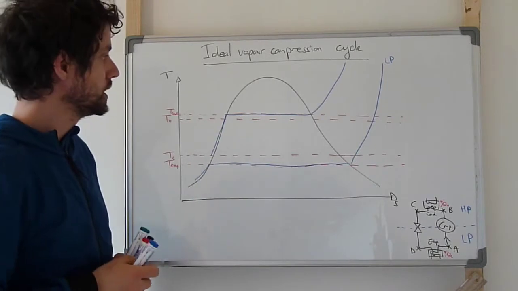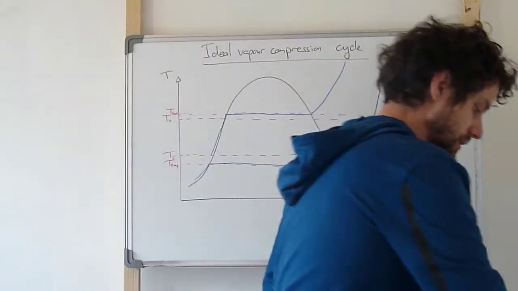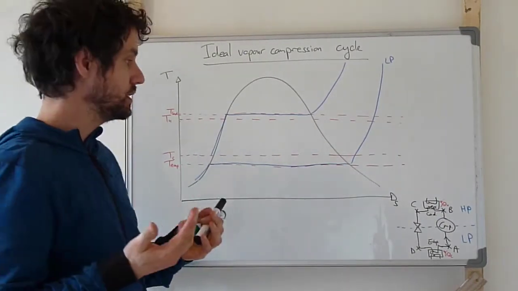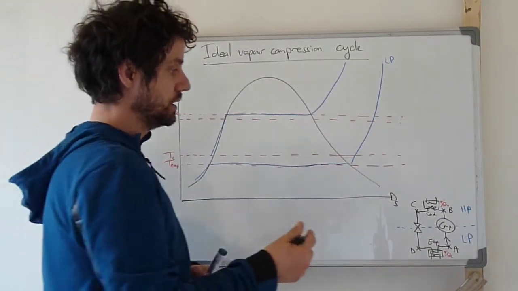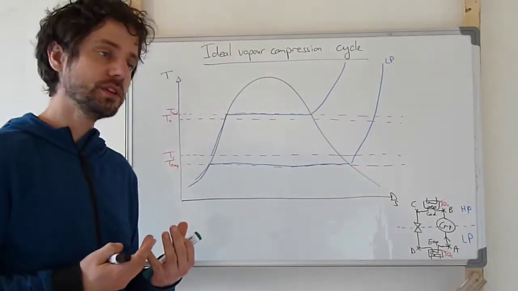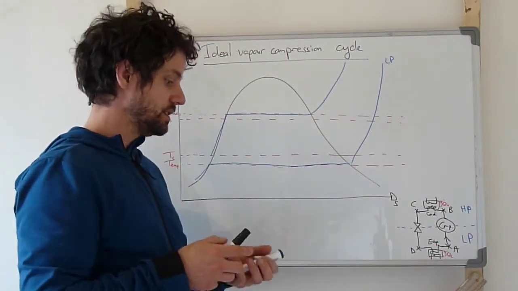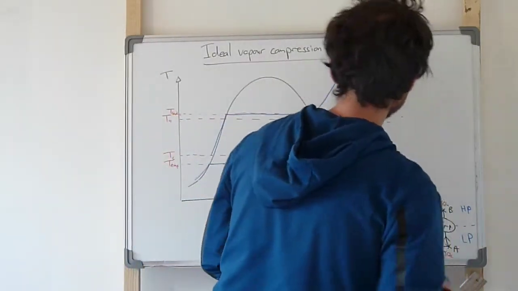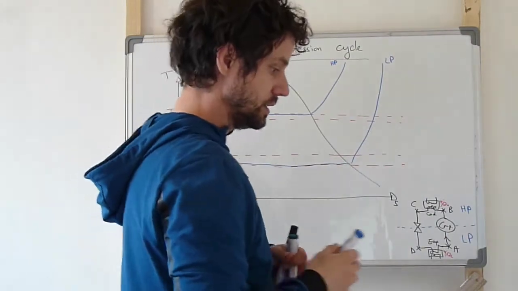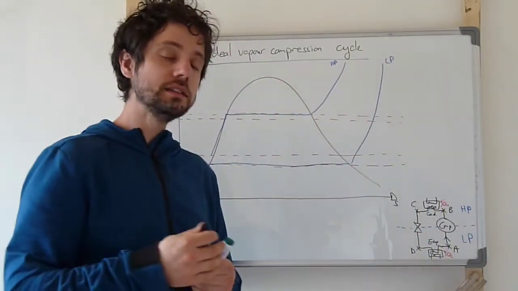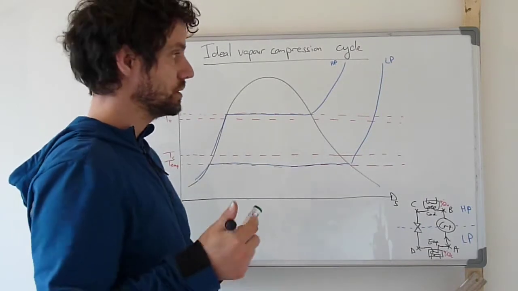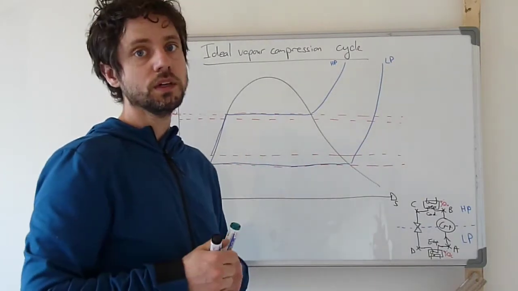So that's it. Now let's start plotting where the different points can be met. Let's start with point A, the inlet of the compressor. Point A is at low pressure, so that's low pressure, that's high pressure, and point A needs to be completely gaseous, so in the vapor zone.